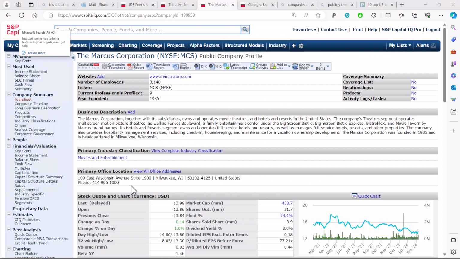So the company we're going to look at is the Marcus Corporation. The Marcus Corporation is a little bit different because it operates in two very distinct segments. It operates in the movie theater, and in those movie theaters they also have restaurants and things like that. And separately, they also operate a lot of different hotels in the United States.